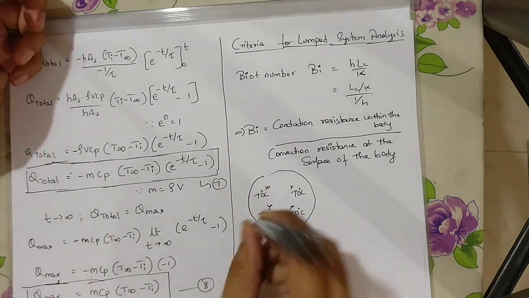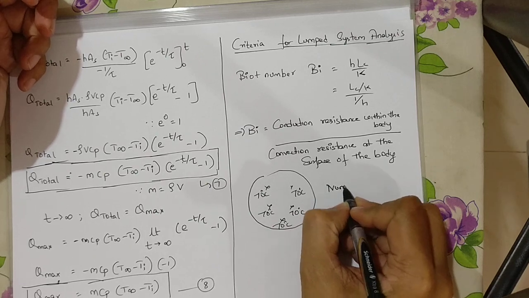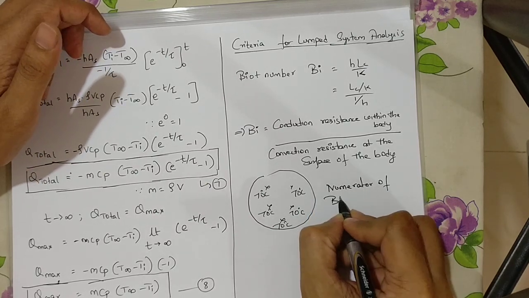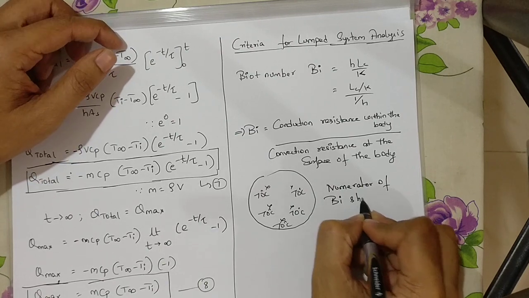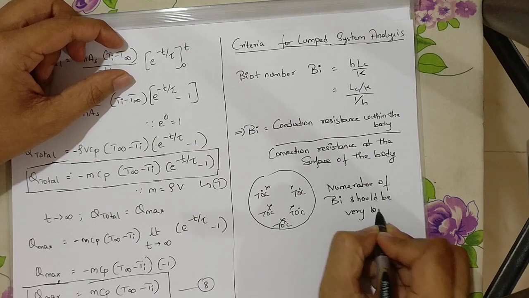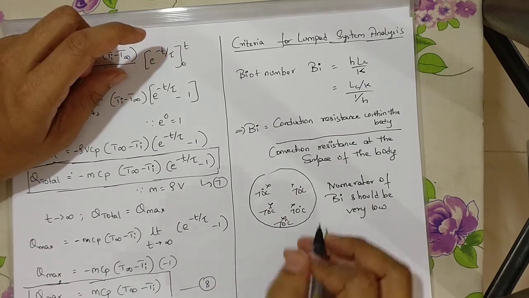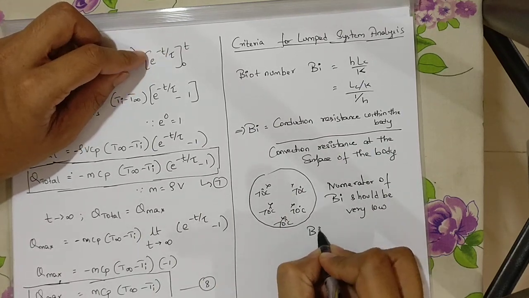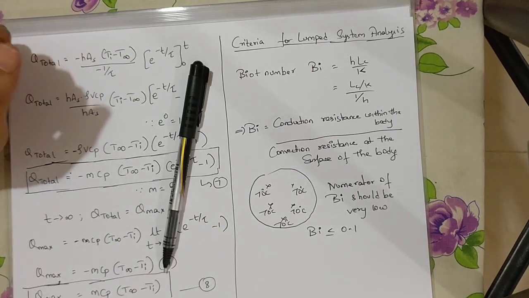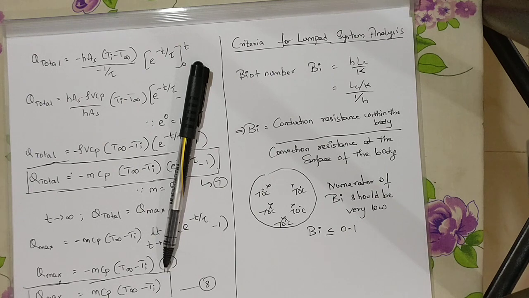That means the numerator of the Biot number should be very low. And how low? So this analysis is valid when the Biot number is less than or equal to 0.1, okay guys? Now ideally, logically, the numerator should be 0.